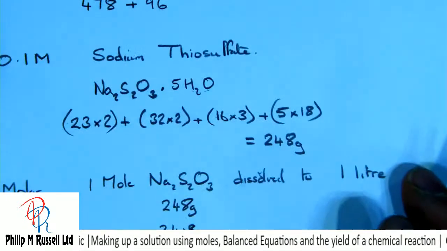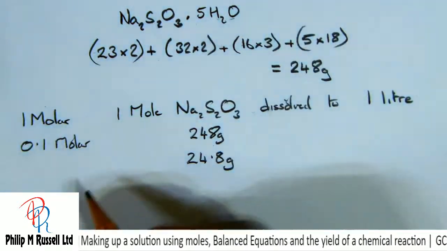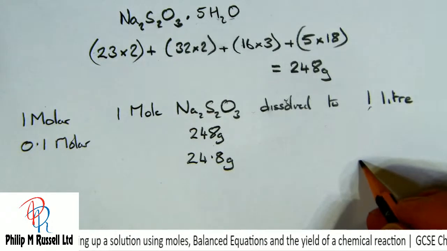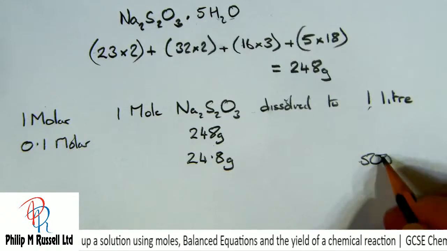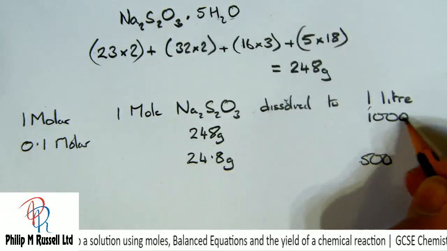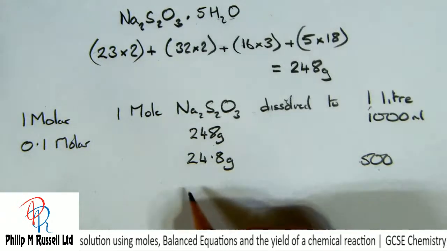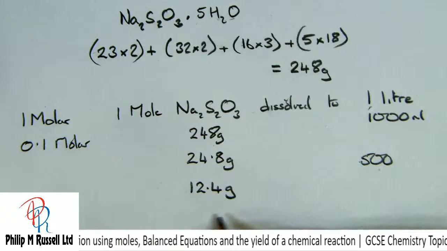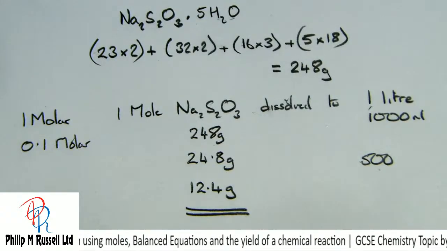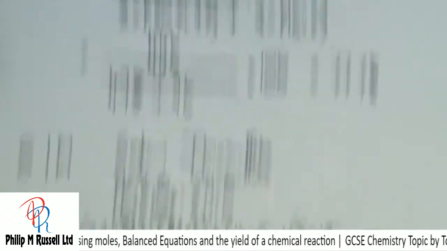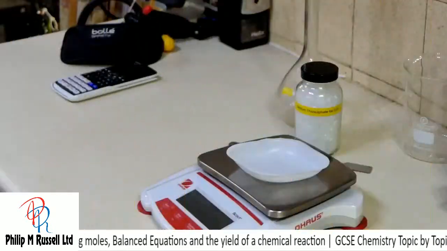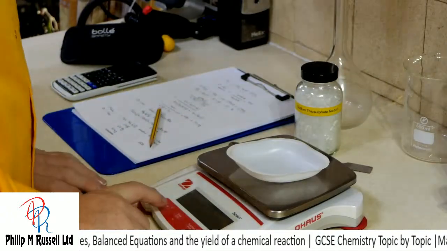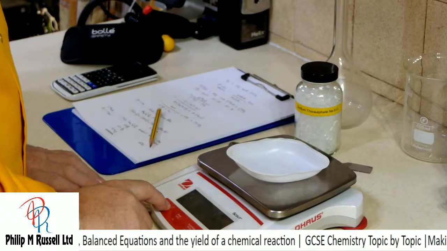If I've only got half the amount of stuff, so now I've only got 500 mils instead of 1000 mils, I've got half the amount of substance, so this is going to give me 12.4 grams required of my sodium thiosulfate. So we're ready to start working out what I need. So I'm going to switch on my balance.